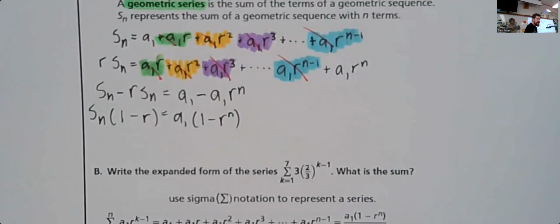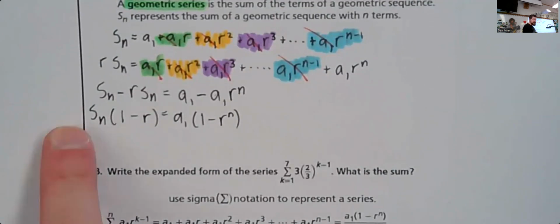We want to figure out the series. We want to know the sum of all the values in that sequence, which is S sub n. We're only one step away from getting this by itself. What do we have to do? Think about this equation. How do we get this by itself? Think basic algebra for a second.